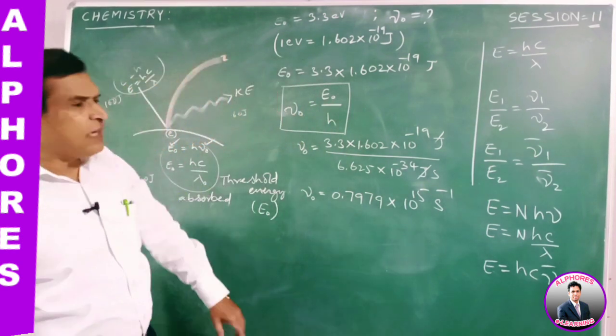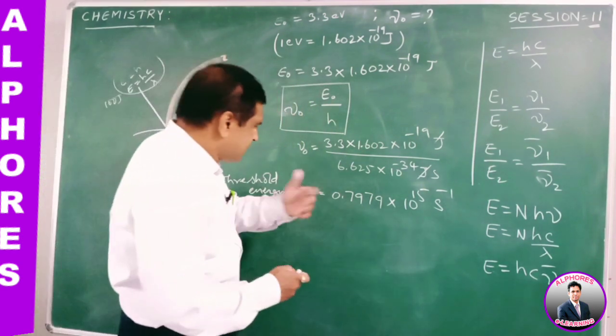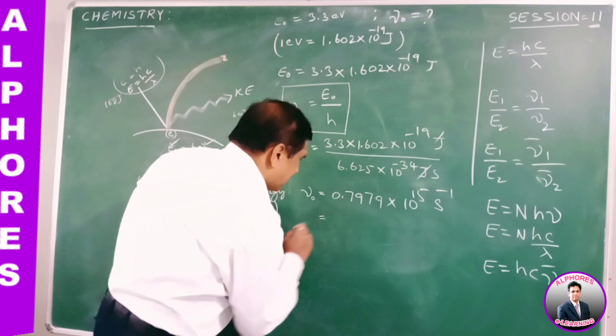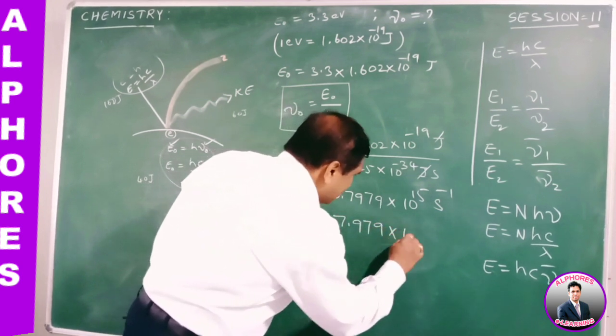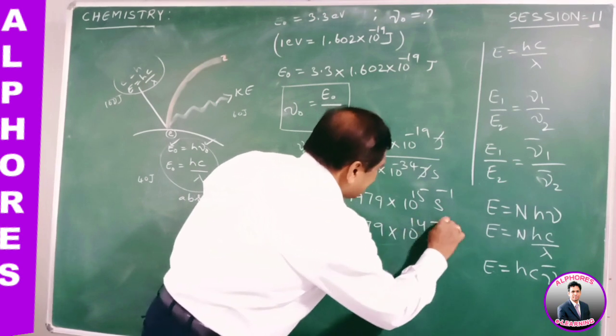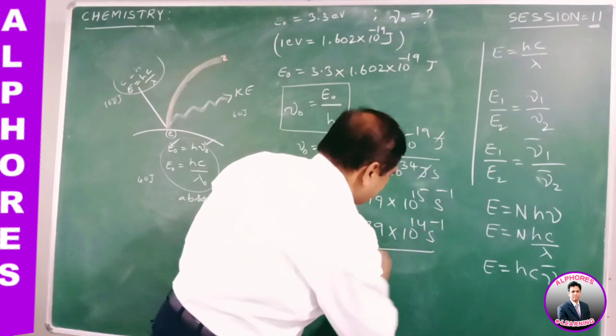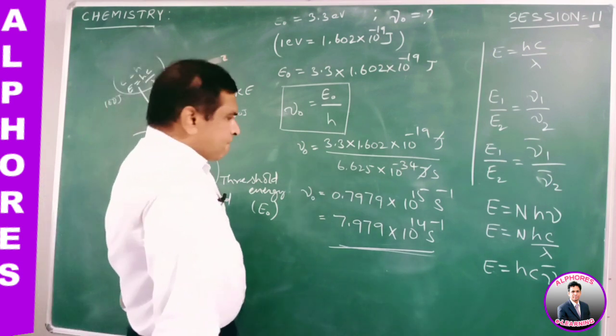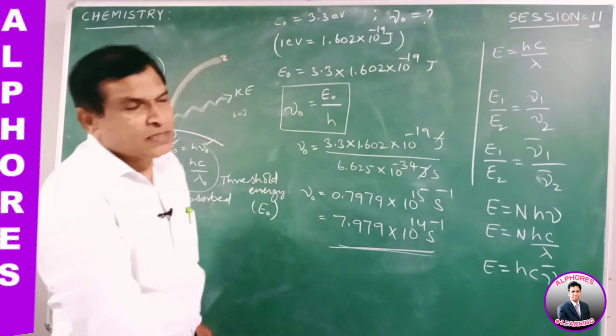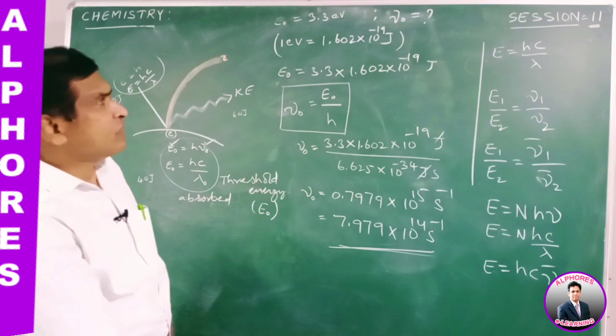Or we can say 7.979 into 10 to the power 14 per second. That is the final value we can write. That is the threshold frequency of the light.